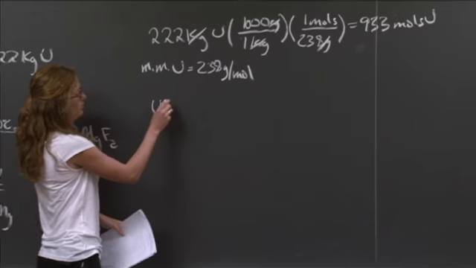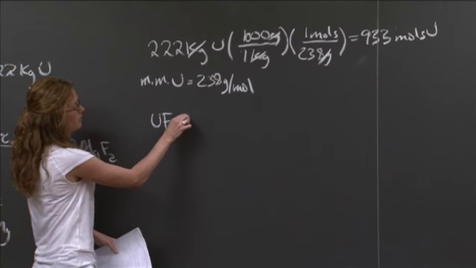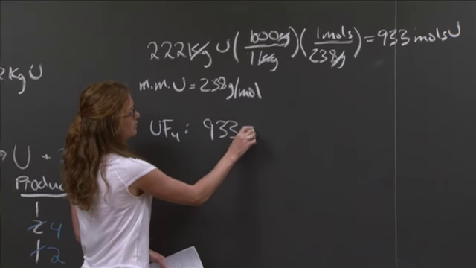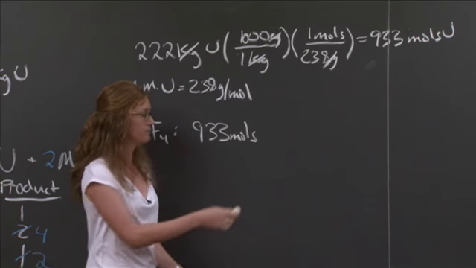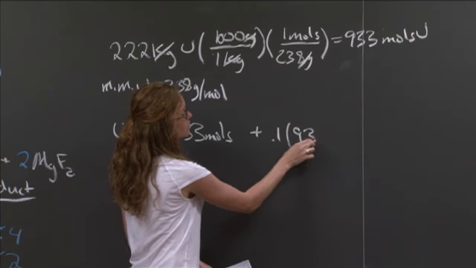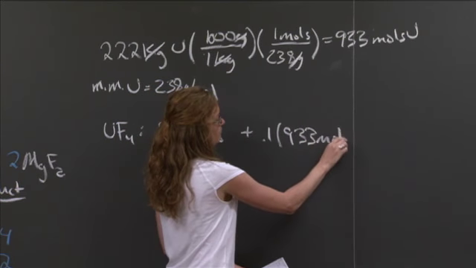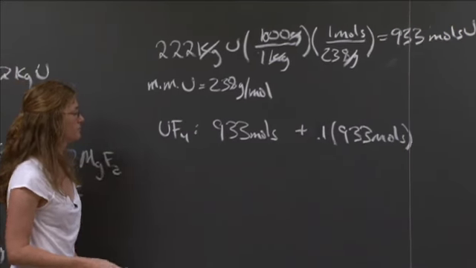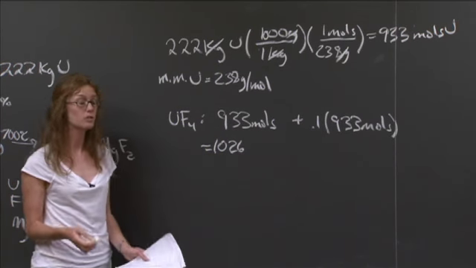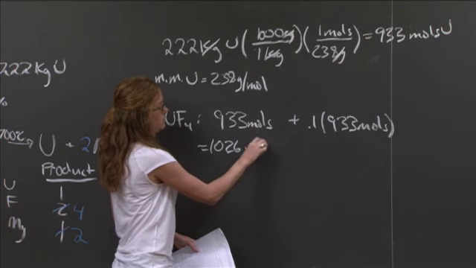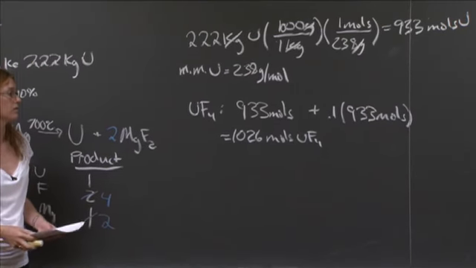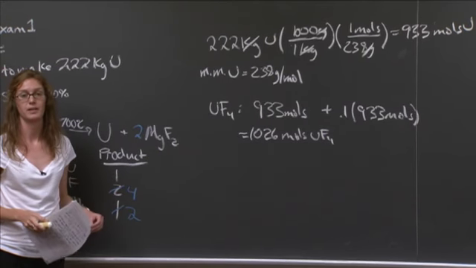So the amount of uranium tetrafluoride we need is the stoichiometric equivalent plus 10% times that stoichiometric equivalent. And that equals 1,026 moles of uranium tetrafluoride. So we found the amount of uranium tetrafluoride we need.